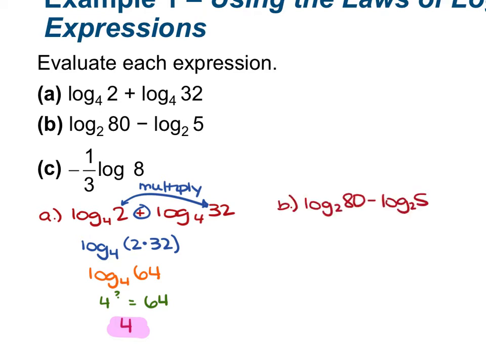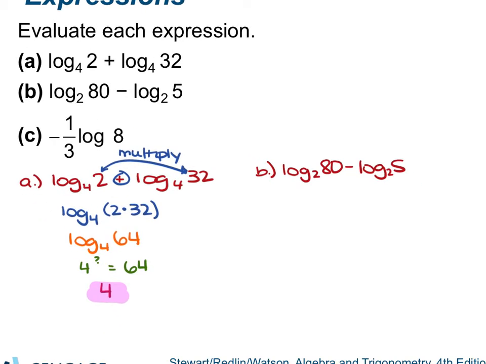For example B, we have log 2 of 80 minus log 2 of 5. For this one, you do have subtraction between these two logs, so you will divide the 80 and the 5. So it's just going to give us log 2 of 80 over 5. 5 goes into 8 once, with 3 left over, 5 goes into 30 6 times.